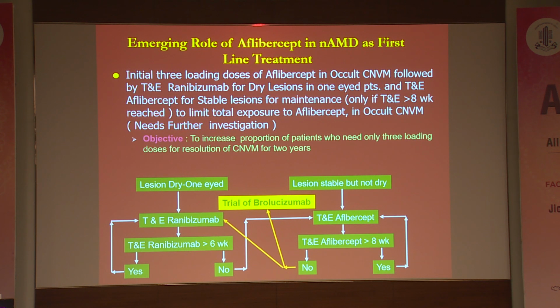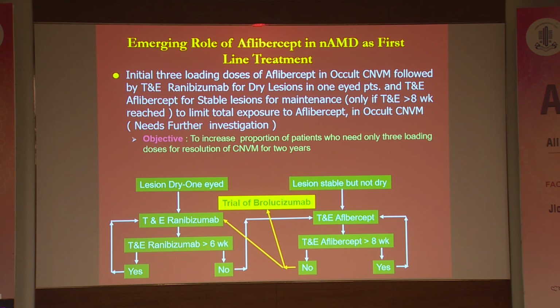Okay, so here we are, we've given 3 injections, the patient becomes dry. Now the patient becomes dry, I don't want to take chances. In this situation, specifically if I want to bring down the cost, I can shift to a treat and extend with ranibizumab. And if I feel that with ranibizumab my treat and extend regime can go beyond 6 weeks, I can continue with that and see how much is the maximum I can extend it, maybe up to 12 weeks, great.